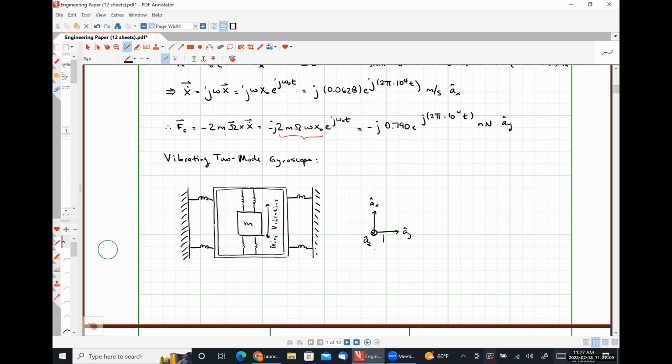If we experience rotation about the Z axis, our Coriolis force is going to induce vibration in the Y axis, right? So this is the direction of our sense vibrations.